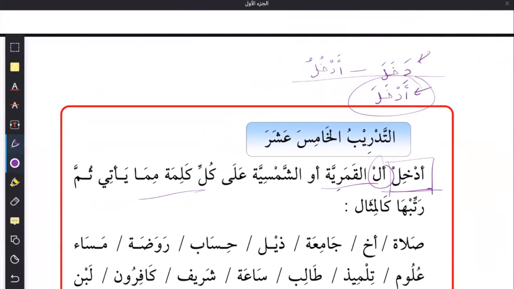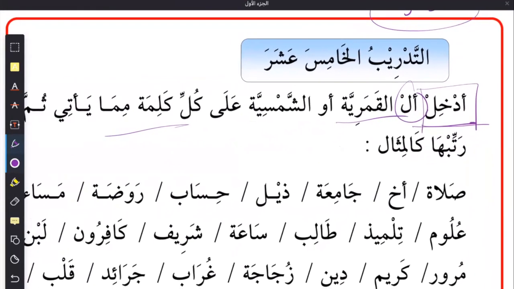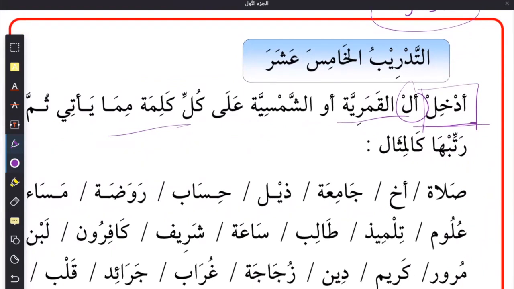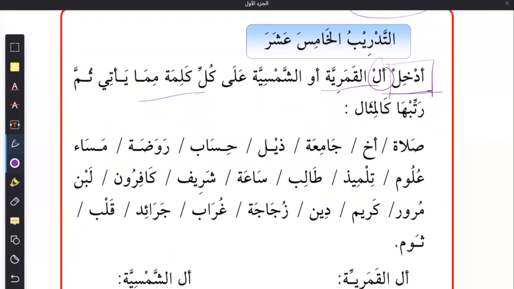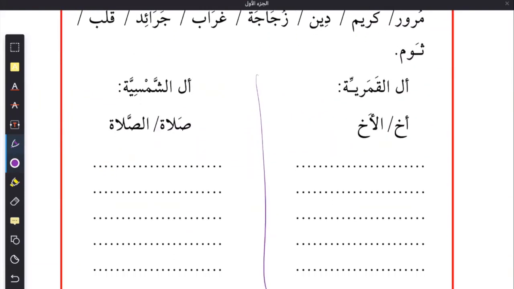Anyway, this is not the topic, but I wanted to make you aware that we have two verbs, dakhala and adkhala. Dakhala means to enter, adkhala is to make it enter. Now, basically they want you to put alif lam on these things. So we put the one that is Kamari here and the one that is Shamsia here.